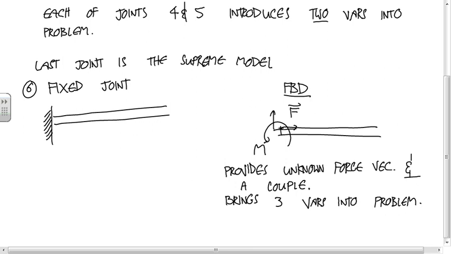So one way to deal with this is, it's not that hard to memorize how to treat 6 different types of joints, and you could just memorize it. But the other way to think about it is to notice that there's a variable introduced for every motion that's restricted by the joint. Okay, so let me write that down.